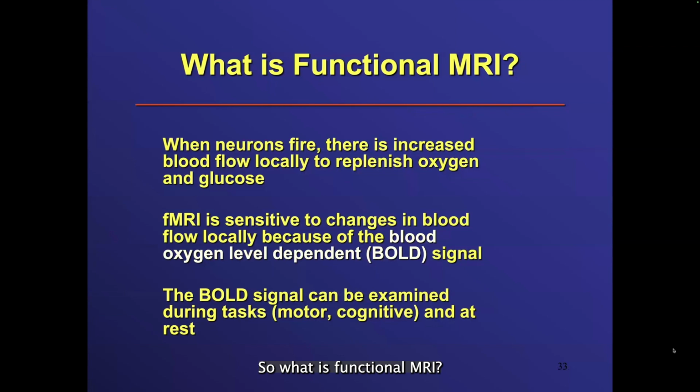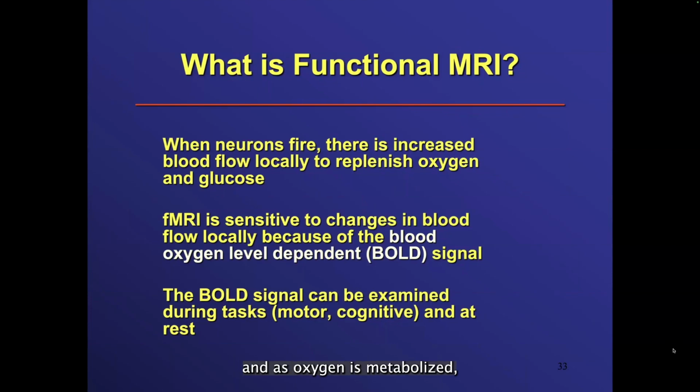So what is functional MRI? When neurons fire, there's an increased blood flow locally in order to replenish oxygen and glucose. And so fMRI is sensitive to changes in blood flow locally because of something called the BOLD signal, which I'll spend more time on in the next module. In essence, as neurons fire, more blood flows into an area.